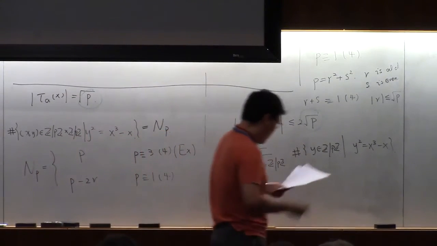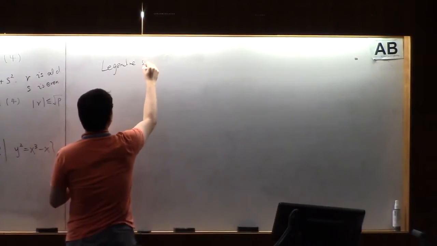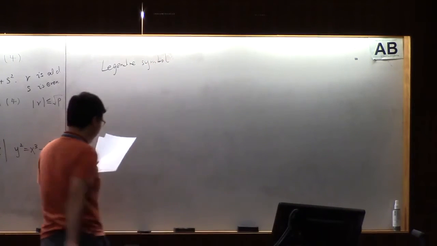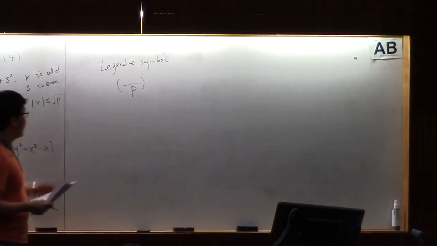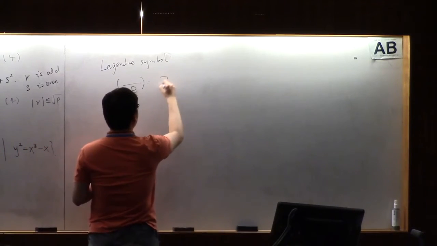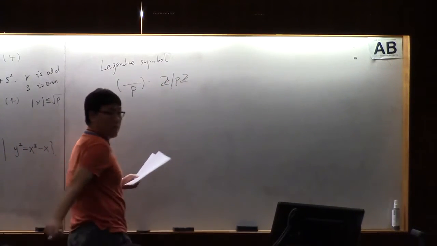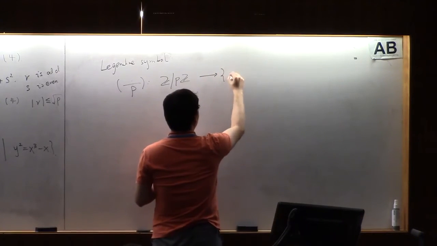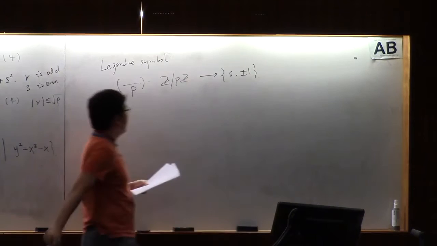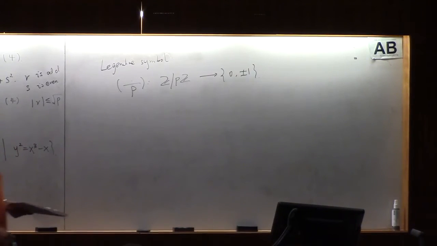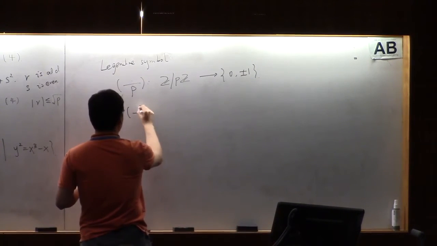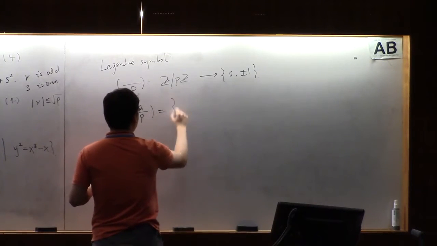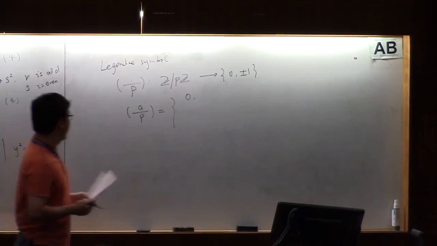I need to introduce the so-called Legendre symbol. The Legendre symbol is a map from Z mod pZ to, its value can only be 0, 1, or -1. And it is 0 if a is 0.